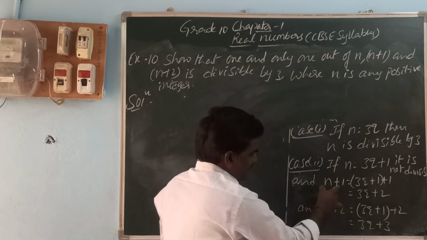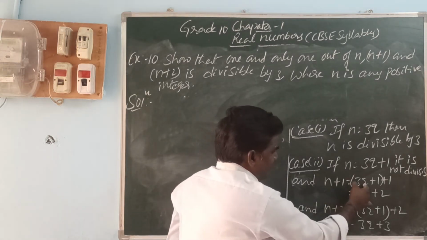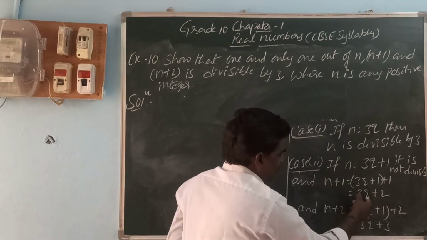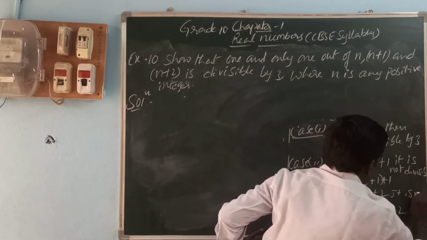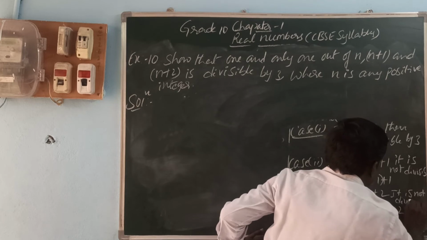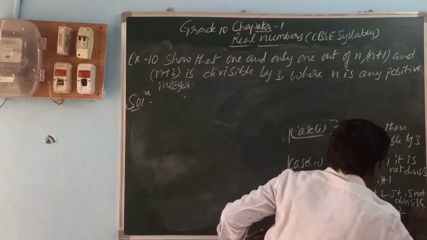Next, n plus 1 is equal to 3q plus 1 plus 1, which is equal to 3q plus 2. In this case also, it is not divisible by 3.